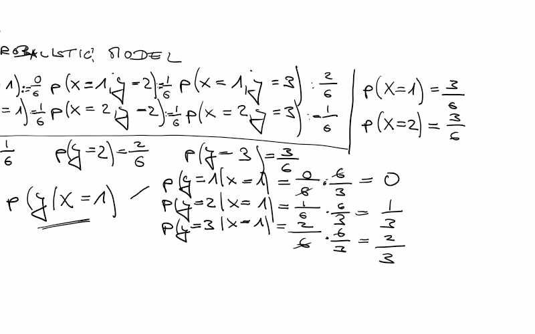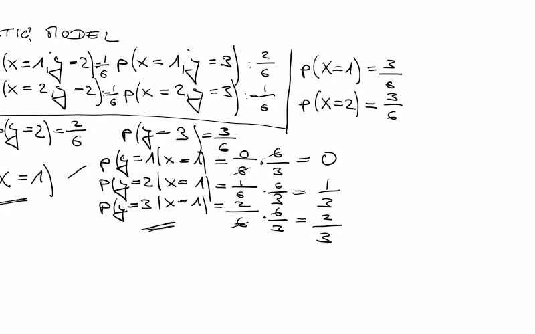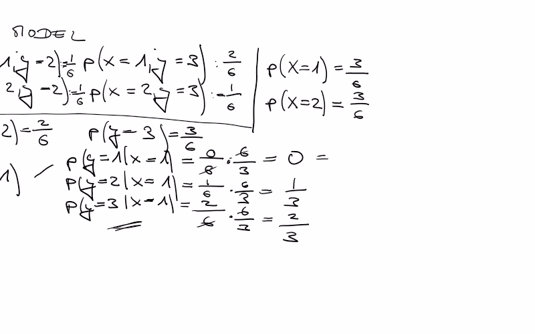So we have normalized the values that we got from the joint distribution appropriately, so that now this is a probability distribution over y. And what have we done? To spell that out, we looked at the joint probability of x being 1 and y being 1, and we divided that by the marginal probability of x being 1.